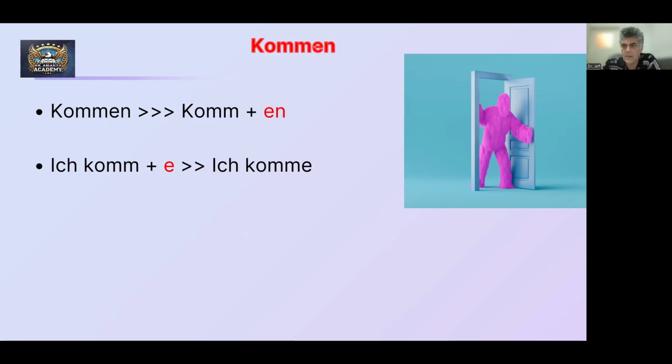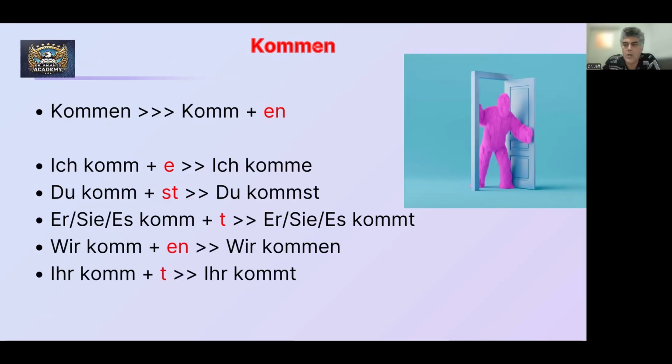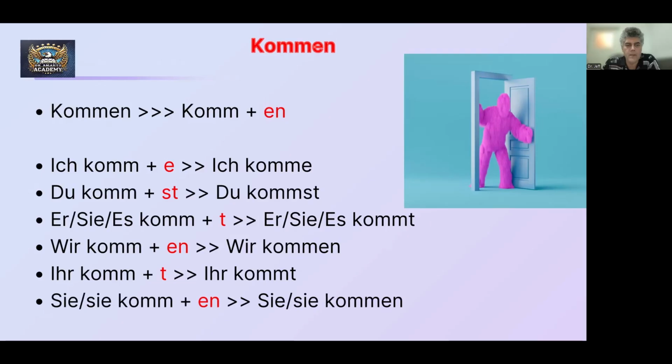Komm is fixed, stable. So du kommst, er, sie, es kommt, wir kommen, ihr kommt, sie und Sie kommen.